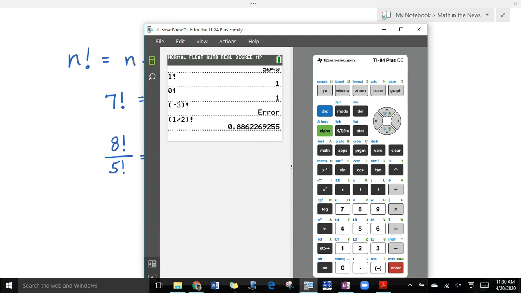That's interesting. That number may not look familiar, but it is actually defined using pi. I'm going to find an example of it if I can, and I'll put it in here. When you get some decimals and fractions, you get some neat relationships. But anyway, factorial button: math, go over to prob, and then option number 4 is your factorial.